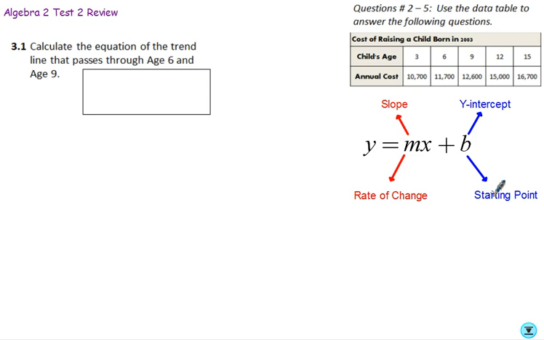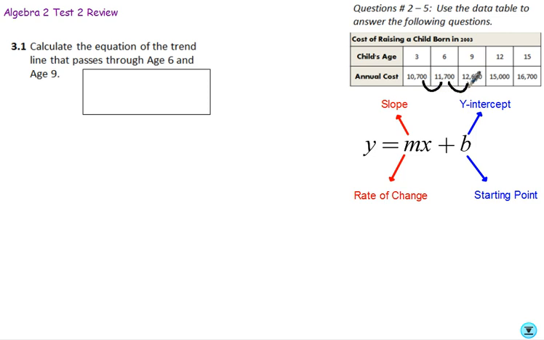So, if I could maybe just even already talk about this. I've got the child age at 3, it's going to cost me $10,700. Well, what the b represents, or the starting point, would, at least in this problem, tell me, well, how about when the kid is born? How much is it going to cost me then? Right? So that's what we're talking about as far as the starting point. The slope, in terms of the rate of change, I can see that this is going up.